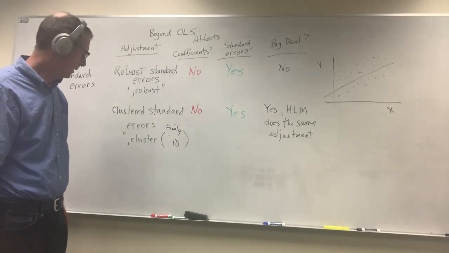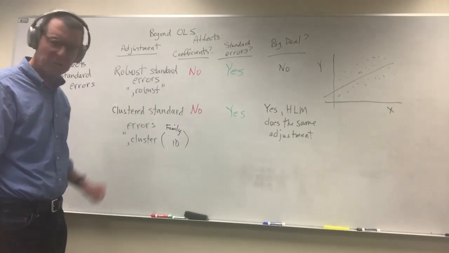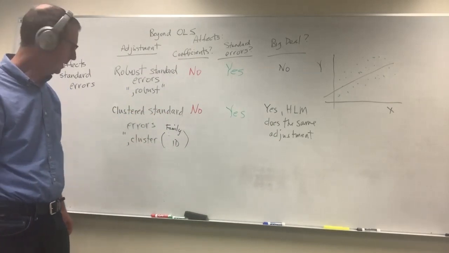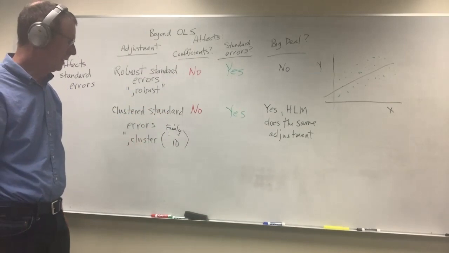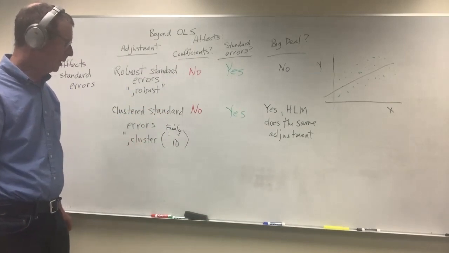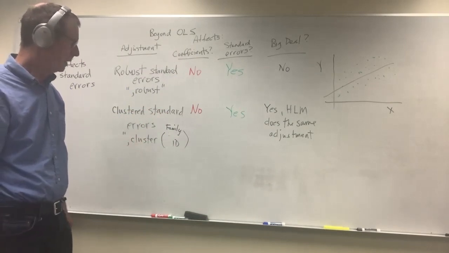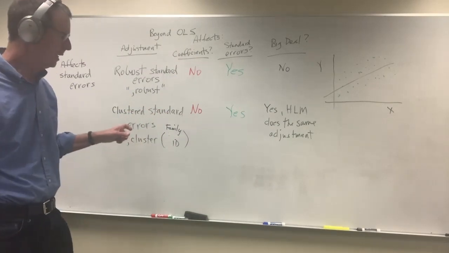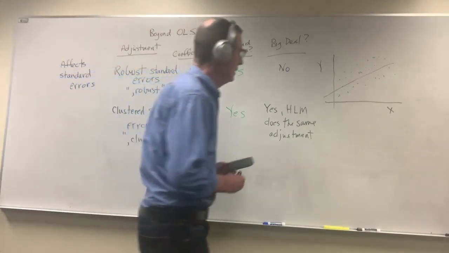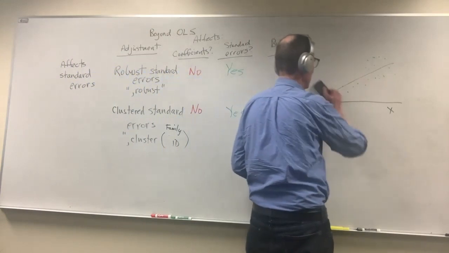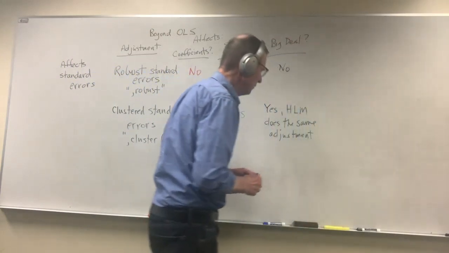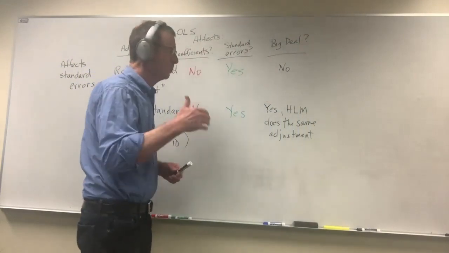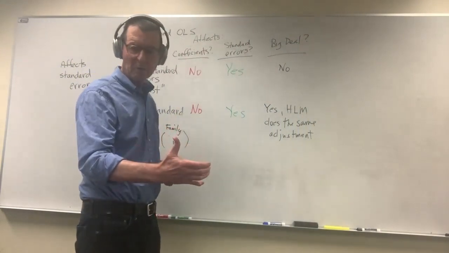All right, so this is kind of a no-brainer. If you've got a clustered sample, it's easy to make the cluster adjustment. One thing I might point out where this option comes in handy is suppose you've got a data set where you observe the same children at multiple points in time.